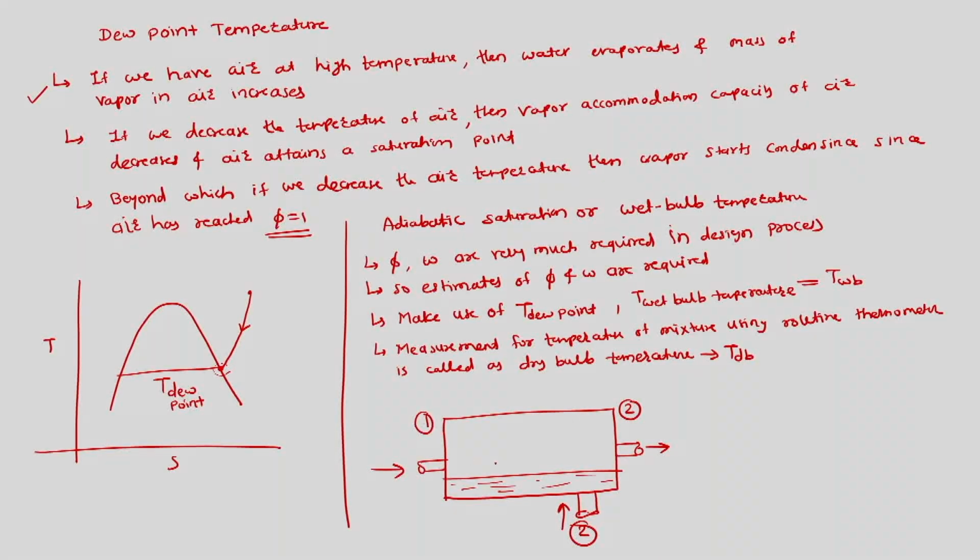Here air is entering at temperature T1, omega 1, phi 1, and it will have vapor pressure PV.